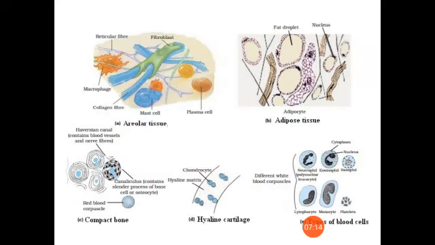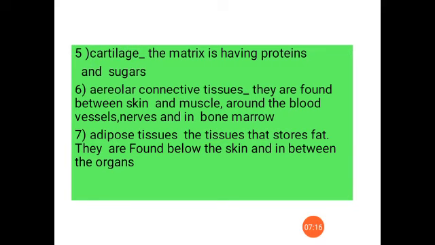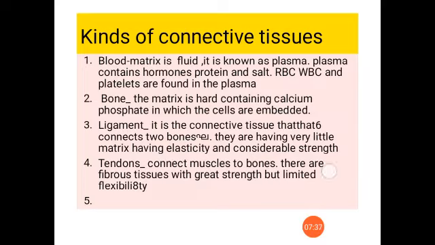Is it clear? Now next type is what? Areolar connective tissue. Areolar connective tissues are found in between skin and muscles. Skin and muscles are connected, or in between them there is areolar connective tissue. Around blood vessels, nerves, etc., you can find what? Areolar connective tissue. Then next is what? Adipose connective tissue.